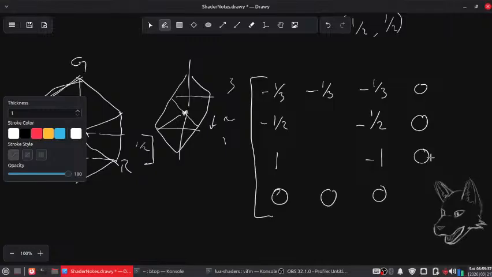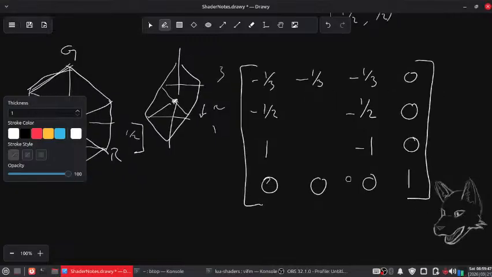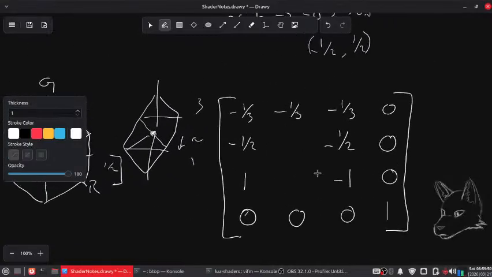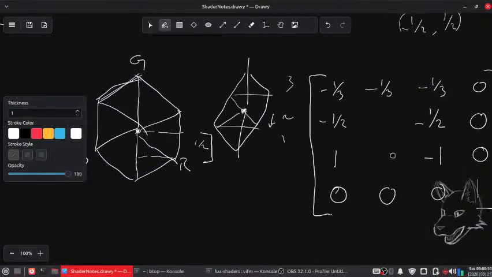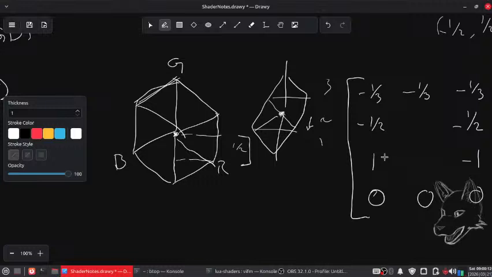This is also 0, this is also 0. And we're just gonna say that that's 1. We can change what these actually mean later, right? Because we can renormalize.